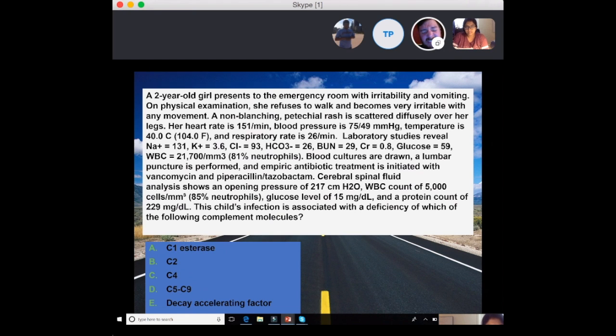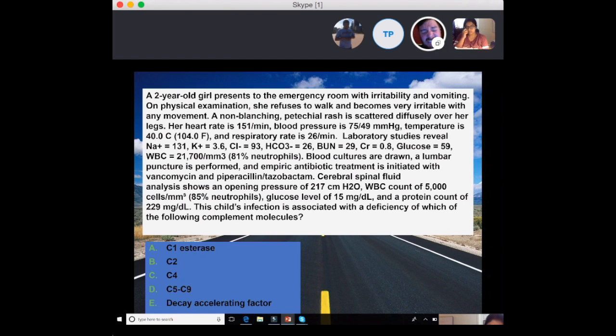A 2-year-old girl presents to the emergency room with irritability and vomiting. On physical exam, she refuses to walk and becomes very irritable with any movement. A non-blanching petechial rash is scattered diffusely over her legs. Her heart rate is 151, BP is 75/49, temp is 104, respiratory rate is 26.